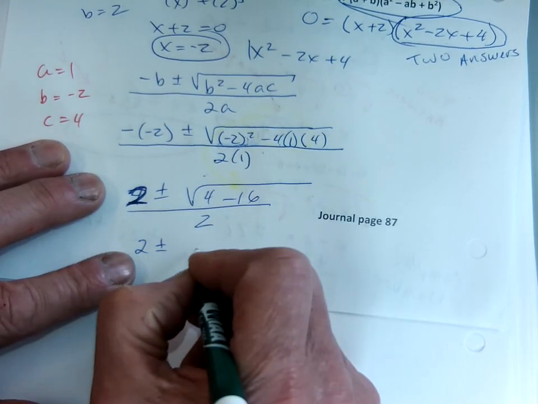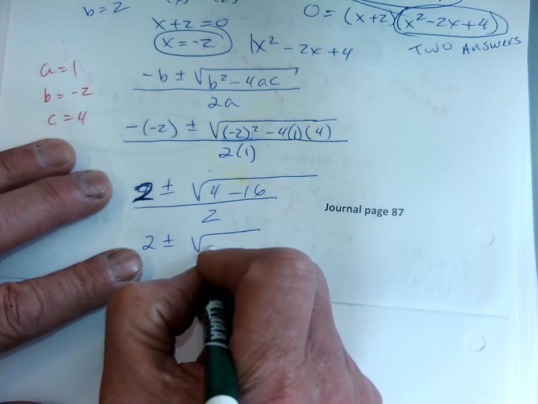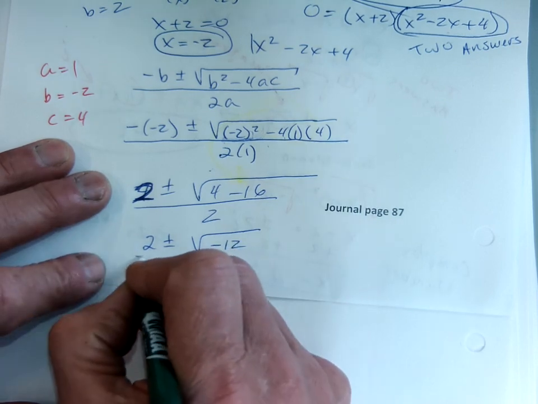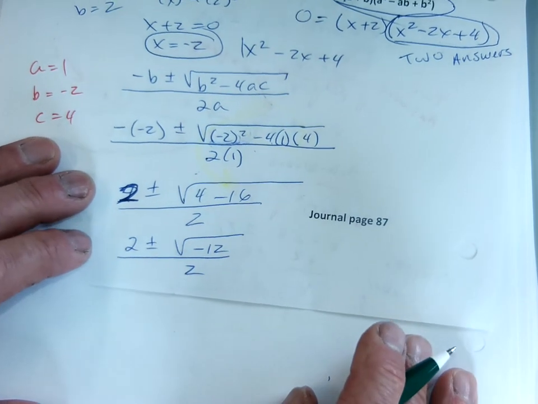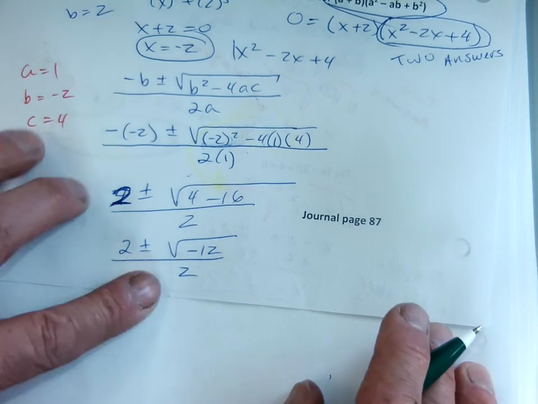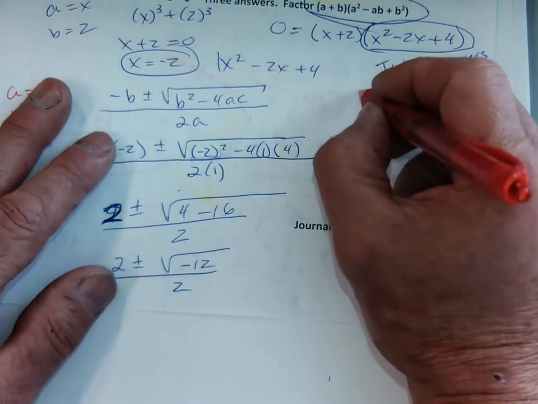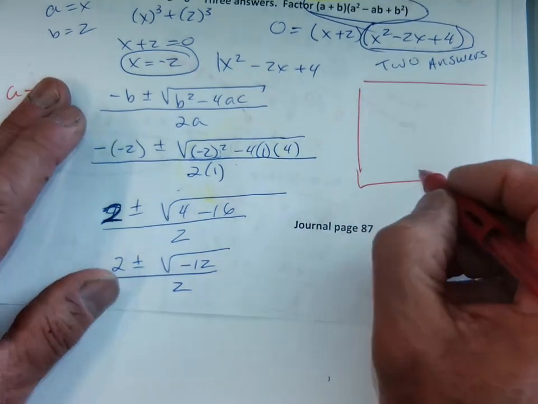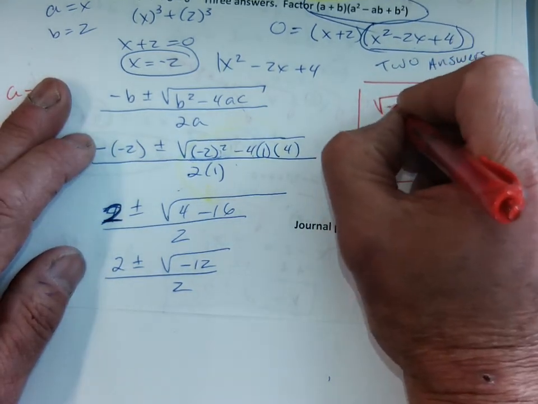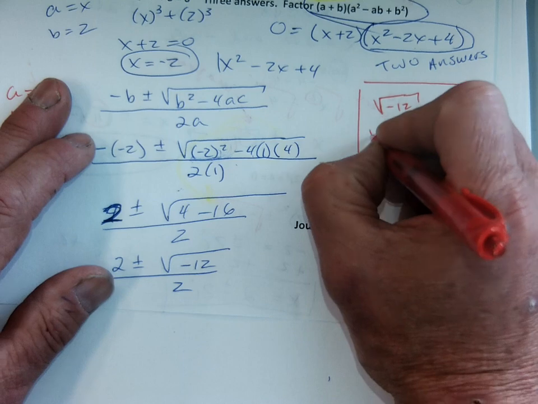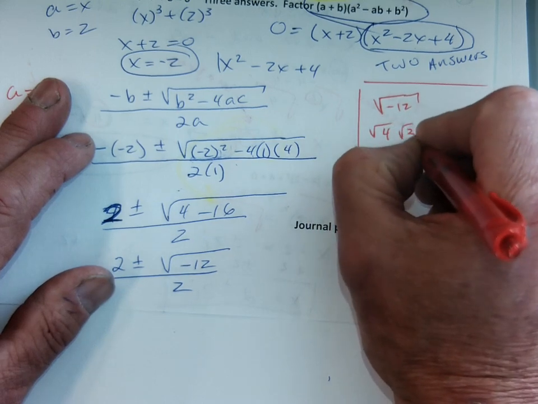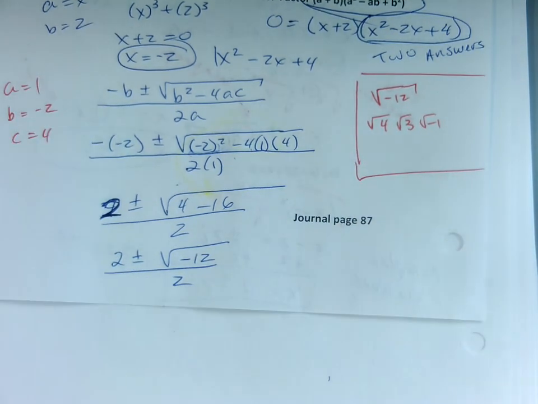2 plus or minus the square root of negative 12, over 2, right? You okay with the negative 12? Now, little side work. Watch my little side work. The square root of negative 12 is the same thing as the square root of 4, square root of 3, square root of negative 1, okay? You all right with that? Square root of negative 12, 4 times 3 times negative 1.